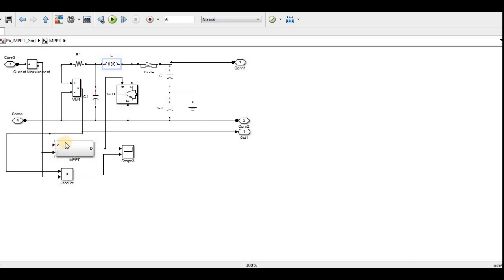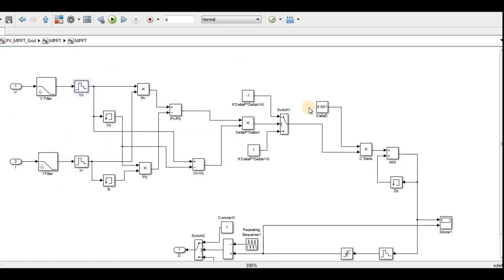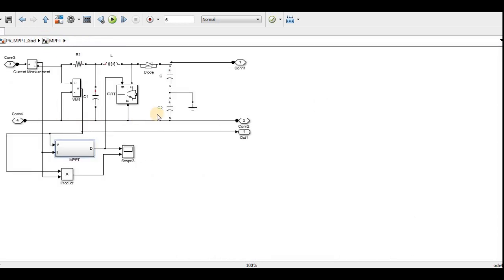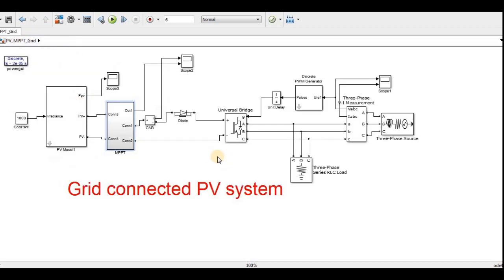Later on I will explain this MPPT algorithm in detail, how I made it and for which purpose, in another video. This is only for understanding purposes. This is a very basic model for a grid connected system.